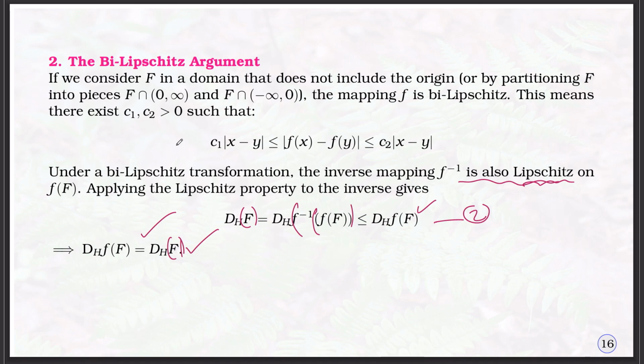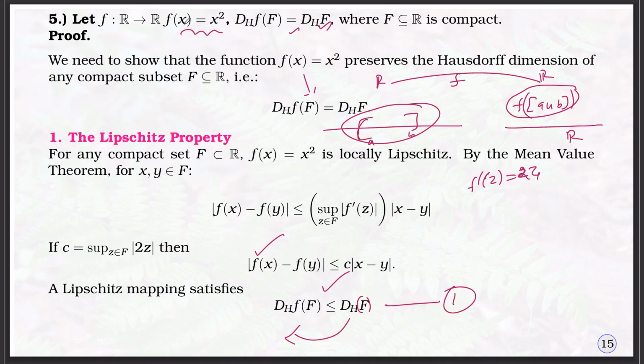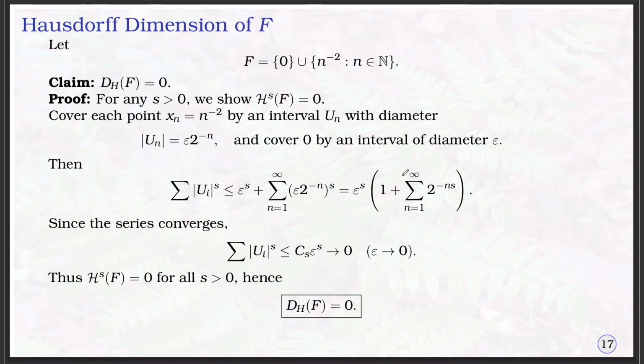That means if you are taking f as the function x square on R, you can take any compact set in R, then under this mapping f, the Hausdorff dimension is the same for both the set and its image under this mapping. Now let us take some fine examples in R and find the Hausdorff dimension.